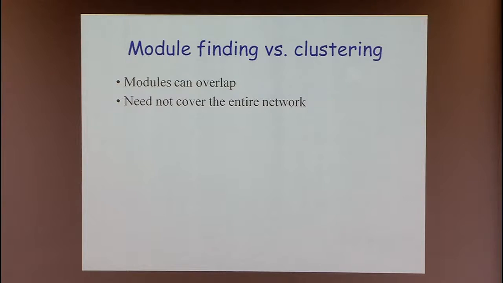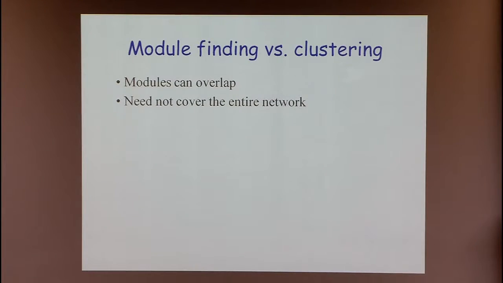The second distinction is that, well, maybe it's not a distinction because we don't really know, but it's at least not a prerequisite that we cover all our network with modules. So maybe some proteins are not part of the modules. They do function by themselves, even though we know that many proteins do not work in isolation, but rather work with some other proteins.